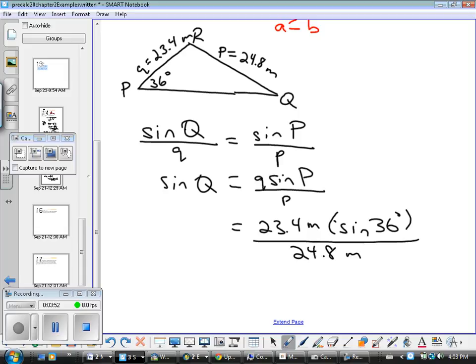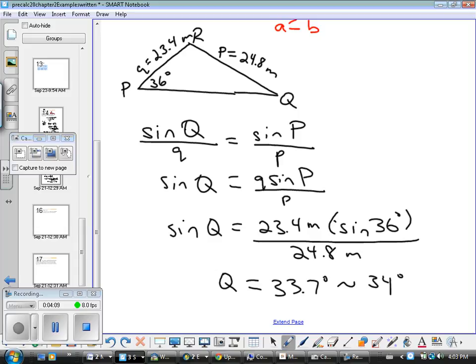Okay, and when you put that in your calculator, and then take the inverse sine of whatever you get, you're going to get a Q value of 33.7 degrees-ish, or 34 degrees. Okay.